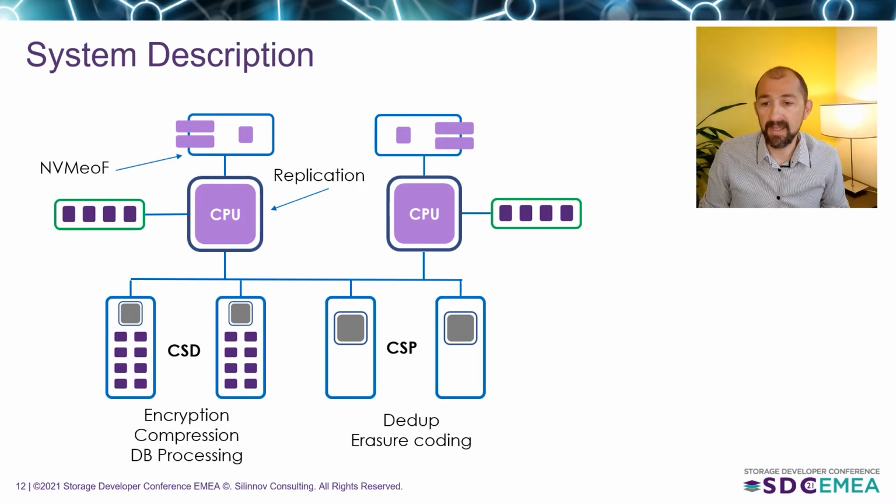Here in this slide, the example I'm showing is that I'm using CSD for encryption, compression, and database processing, and I am using the CSP for deduplication and erasure coding.